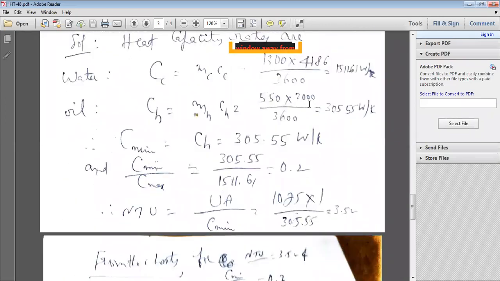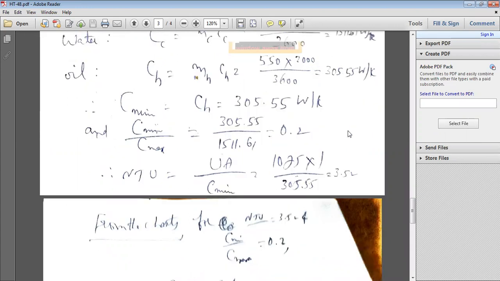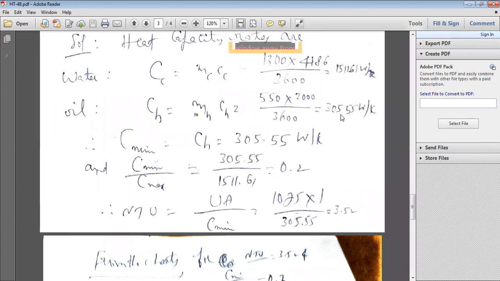Then you get the heat capacity of the hot fluid, 305.55 watt per Kelvin. Out of this, verify which is giving the minimum.